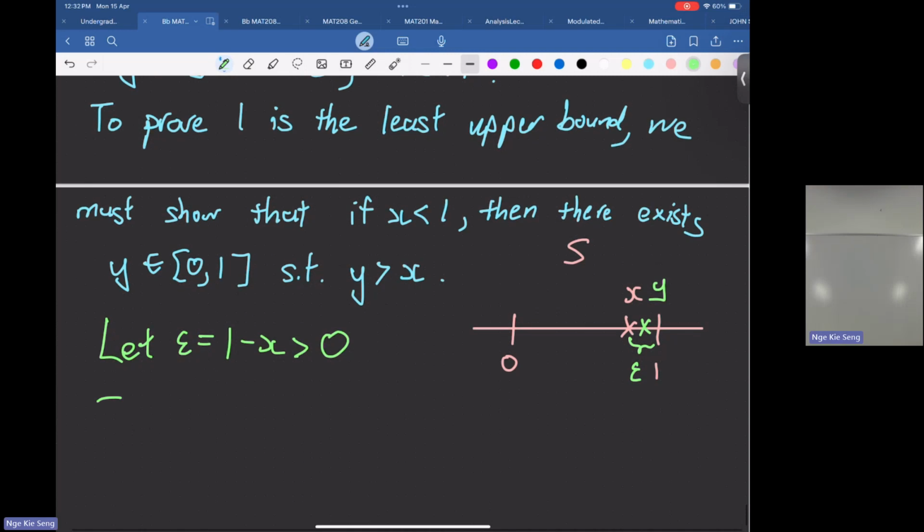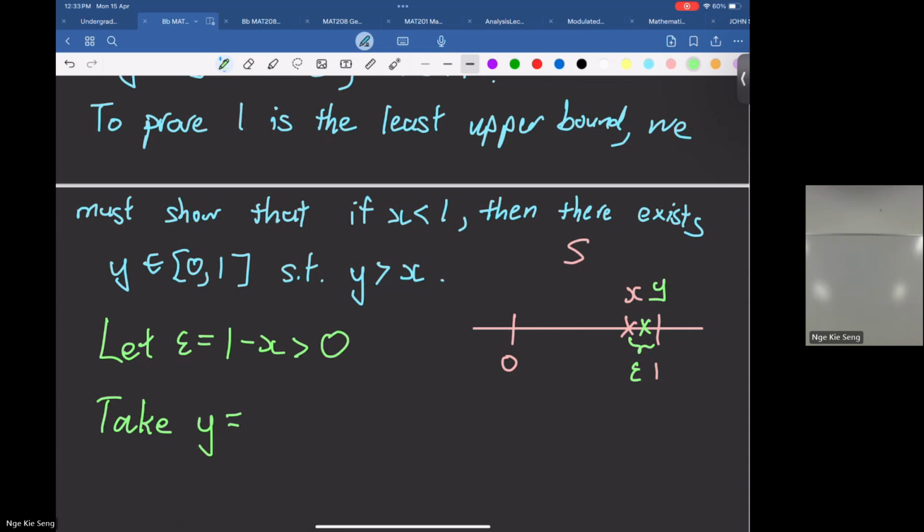Take y to be what? Think. This is a very important question for later courses. Use the gap to build a number that is greater than x.